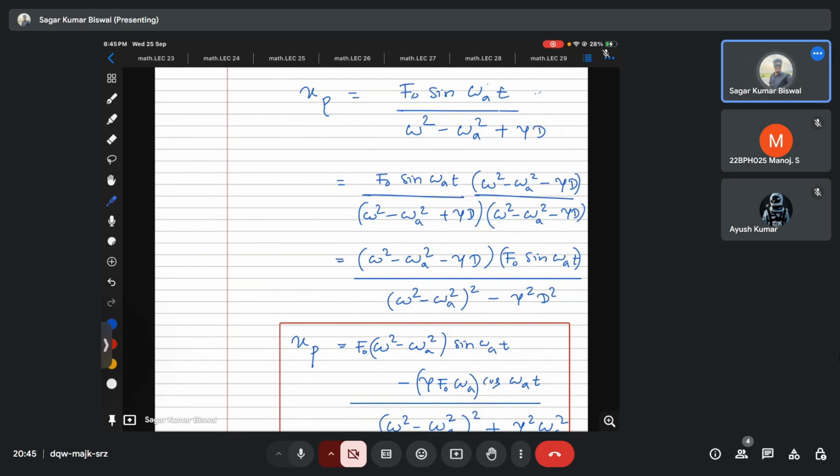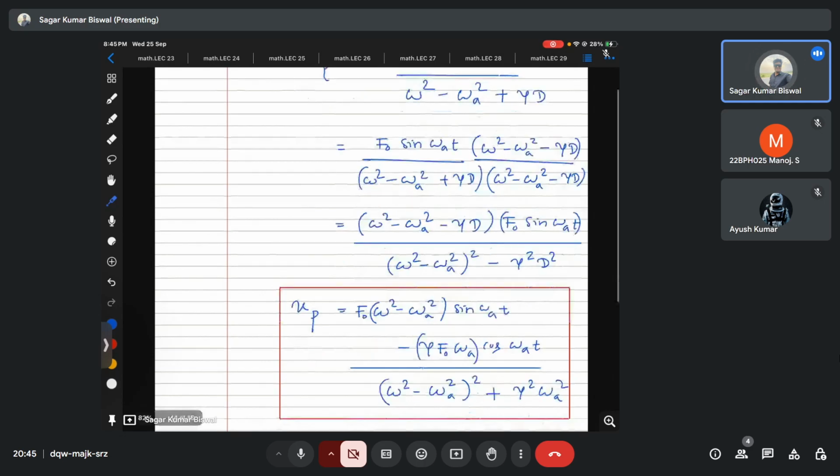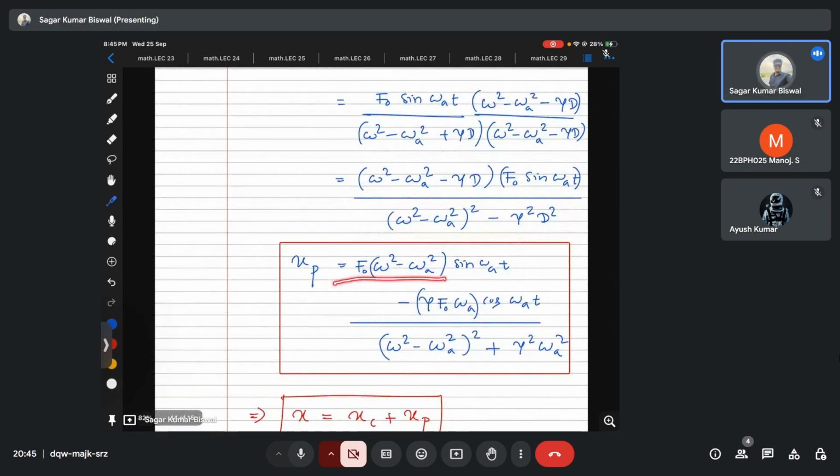So multiply this term and this term in both the numerator and the denominator. If you now multiply them, this will be the denominator, and in the numerator you apply this operator, and this will be the solution.